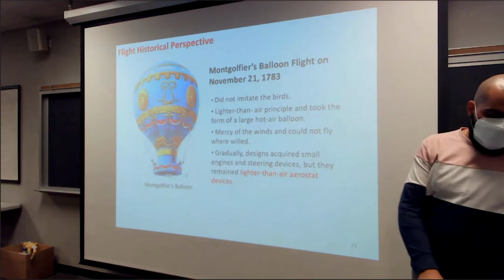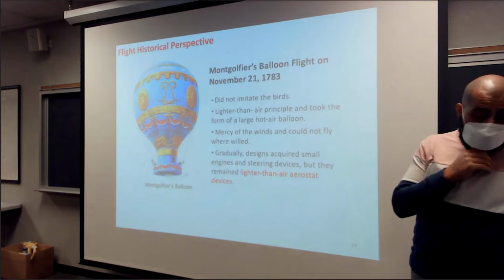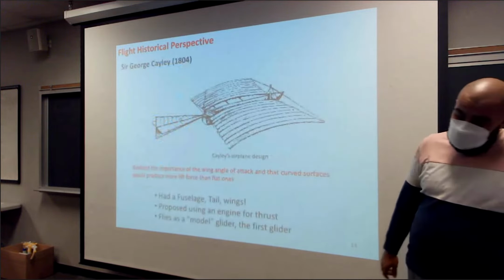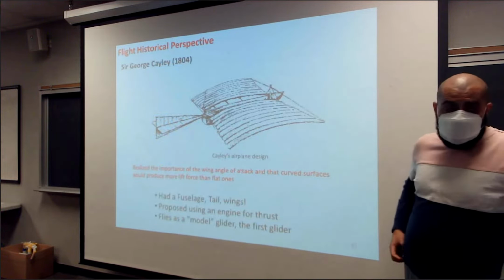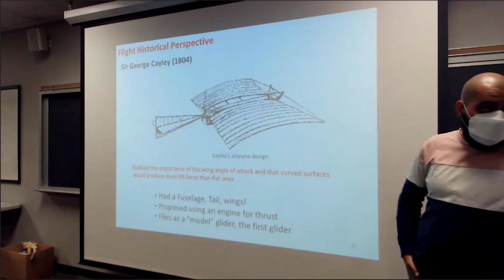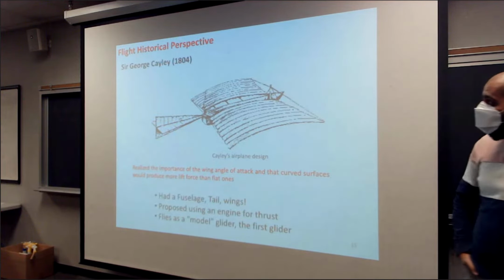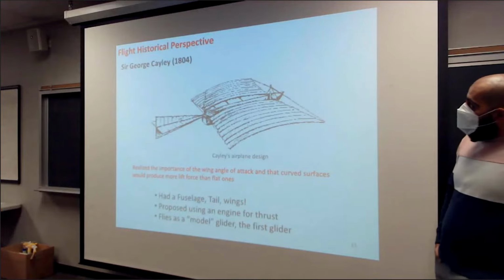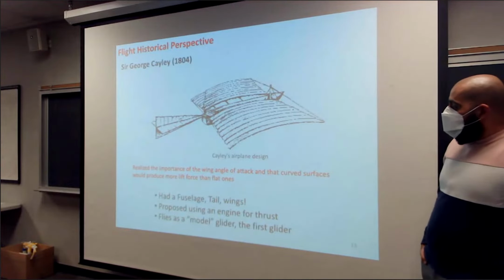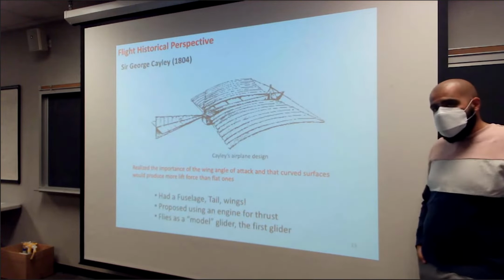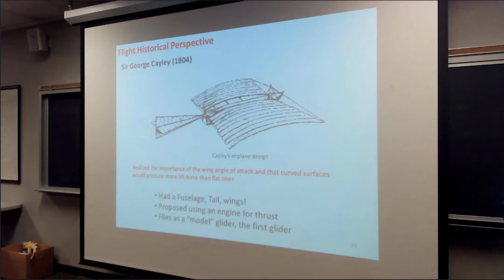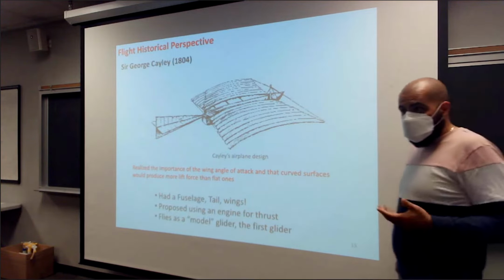This was on November 21st, 1783. Then the first aerodynamic analysis appears in the early 19th century by Sir George Cayley in 1804. He was the one who understood the importance of angle of attack and curved surfaces for the generation of lift, which is very essential for flying.